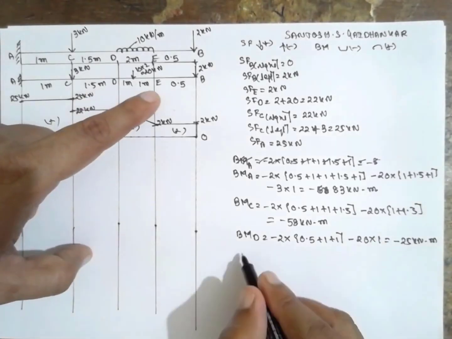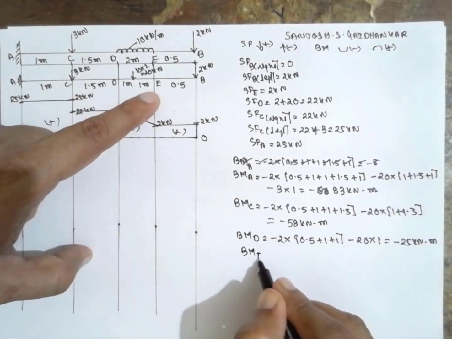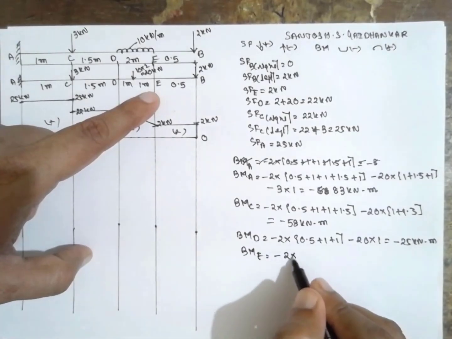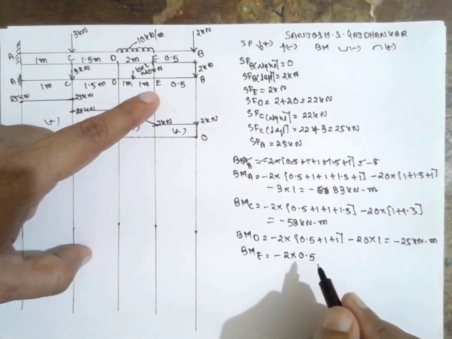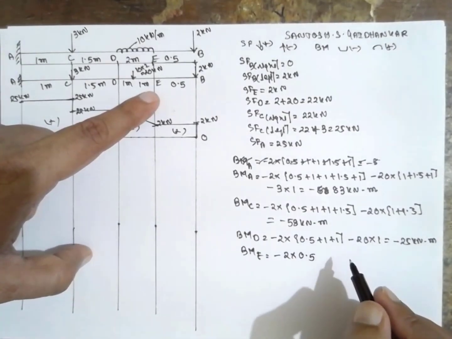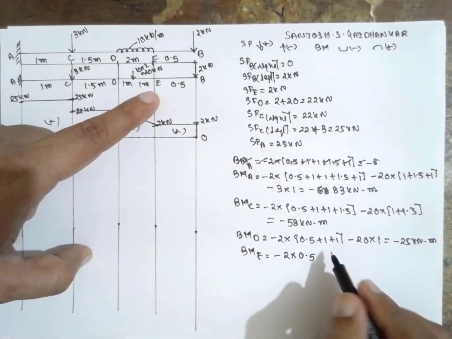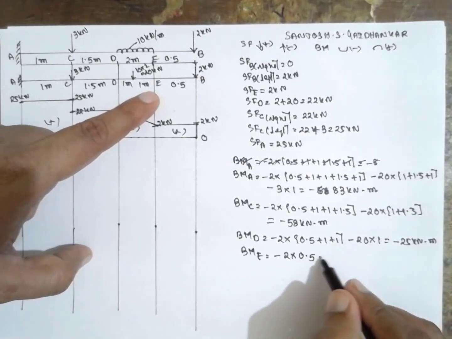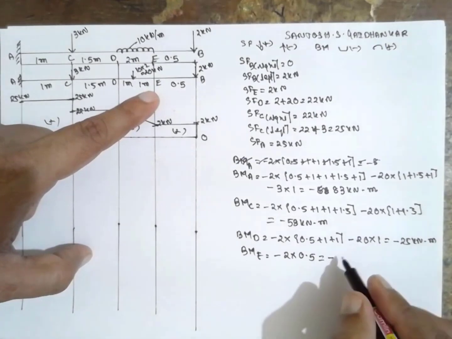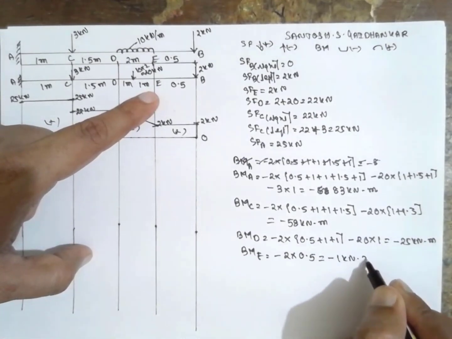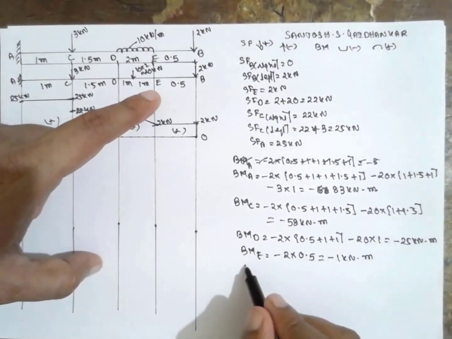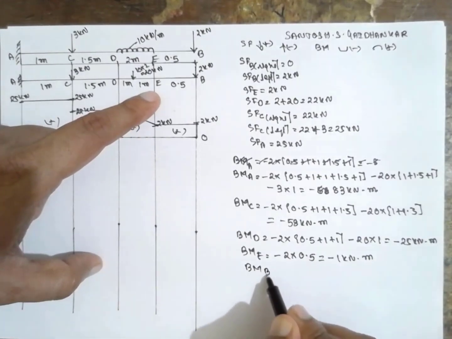Now at E, bending moment at E, minus 2 into 0.5, minus 1 kilonewton meter, and BM at B will be 0.